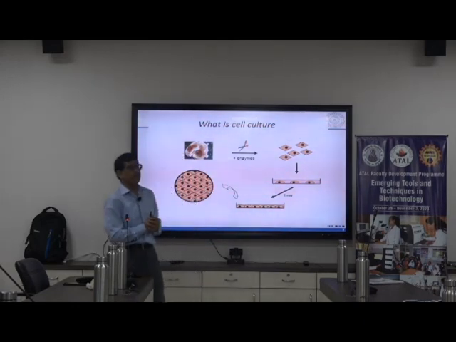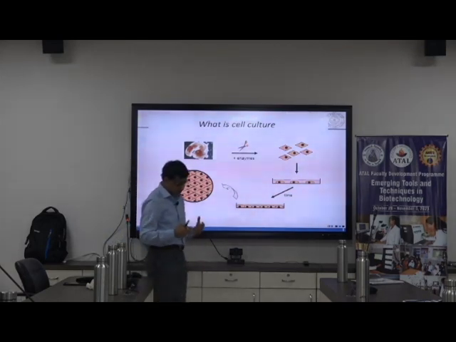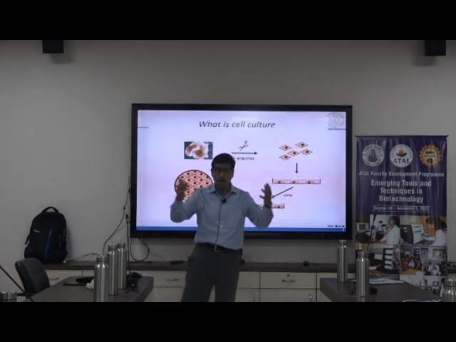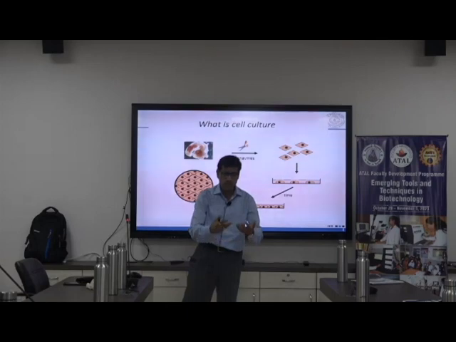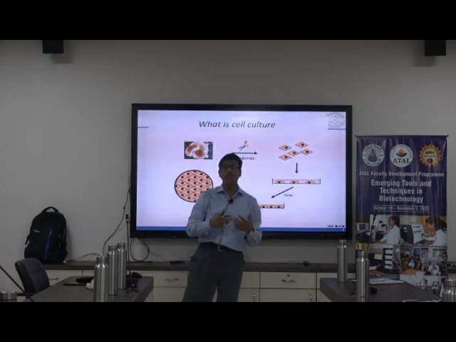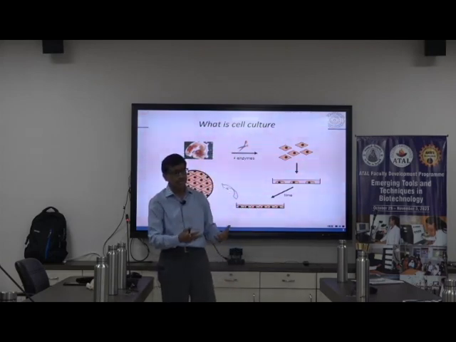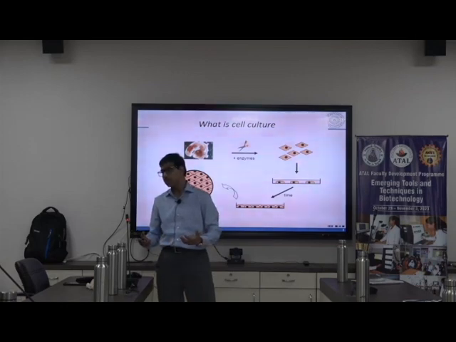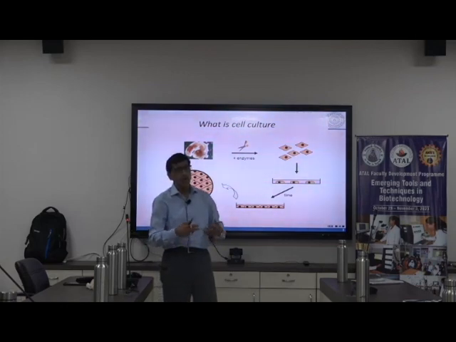So when I say cell culture, I mean taking the cells out of the body and trying to propagate them outside the body. The condition required for the survival of the cells outside the body is known as the cell culture condition. Knowing what condition will allow you to grow your cells in in vitro condition is known as the culture of cells, or in other words, cell culture or tissue culture.